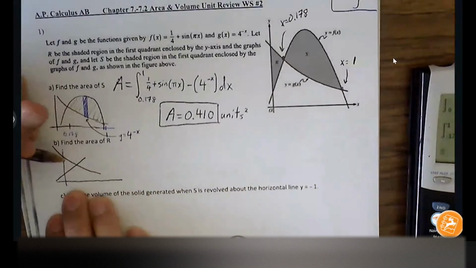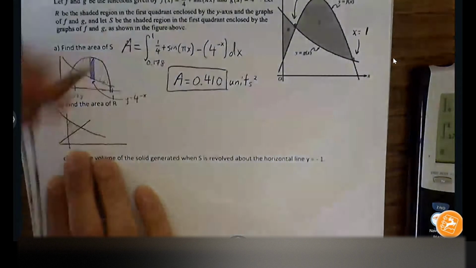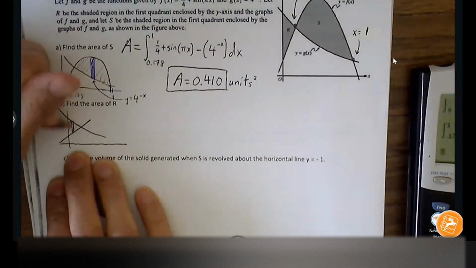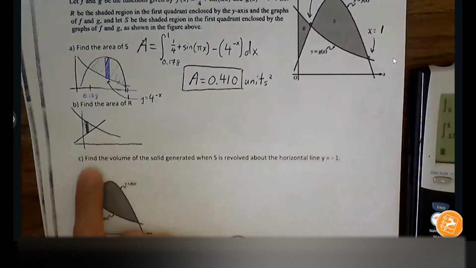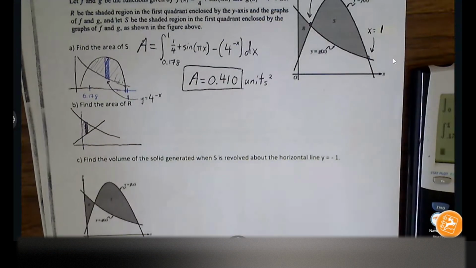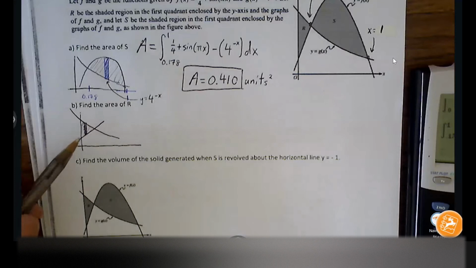All right, so we have region R. Again, I like to do top minus bottom if possible. But do you notice anything different about top minus bottom for region R? The domain? They flip, right?